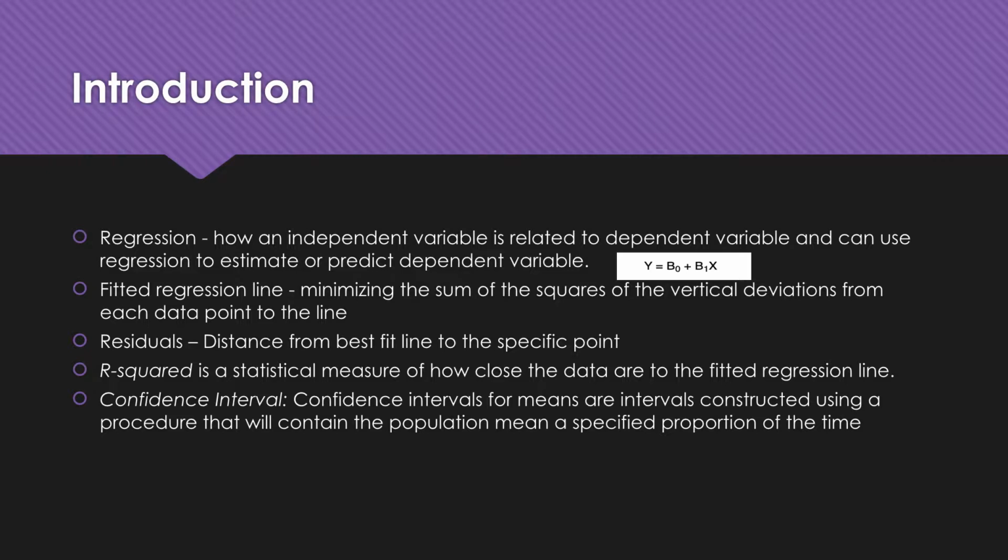It's basically how an independent variable is related to the dependent variable. In the case of correlation, we saw that there are two variables and we found out whether a relation exists between them.